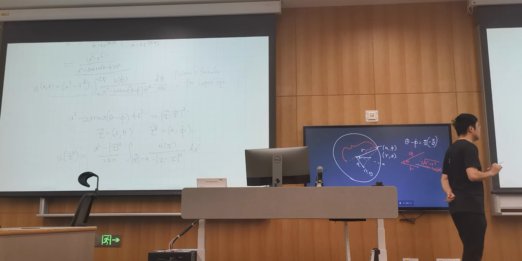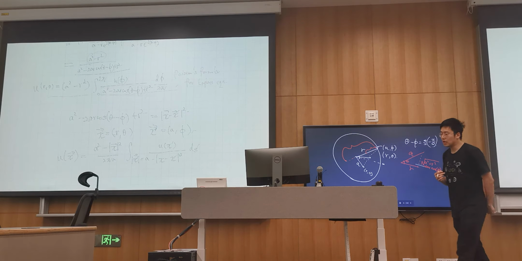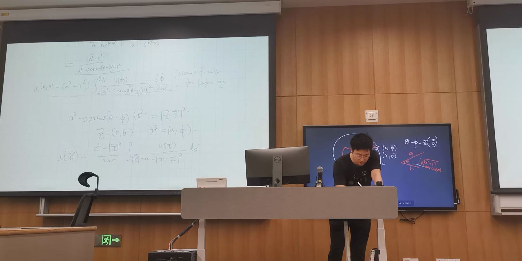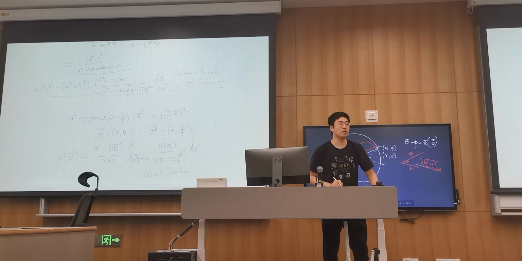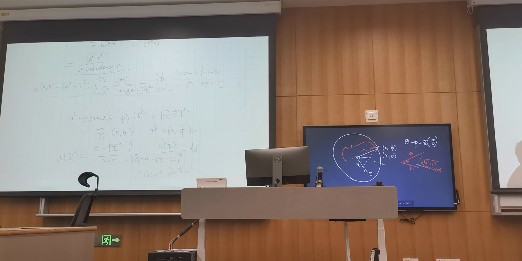The idea of convolution and the source function. This is actually called the Green's function, and we will discuss that very quickly in chapter 7.